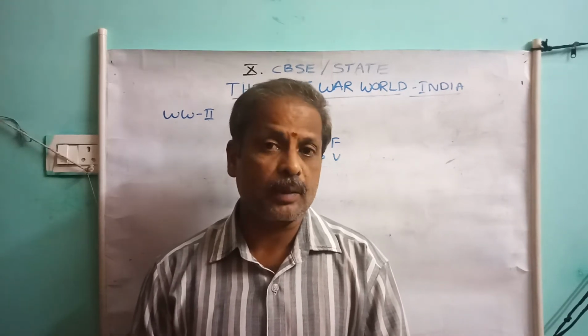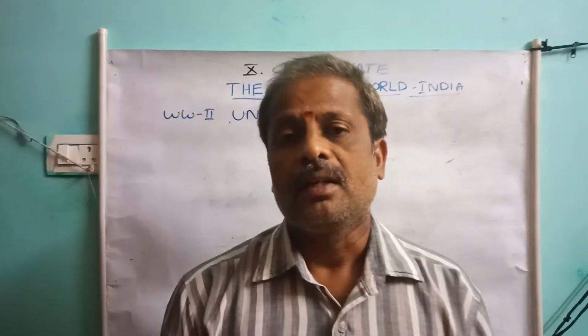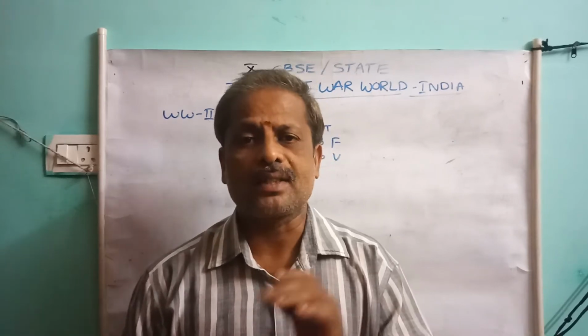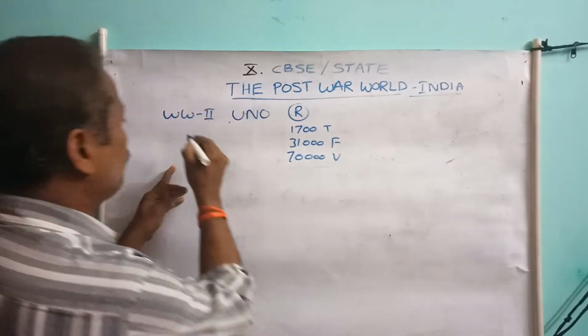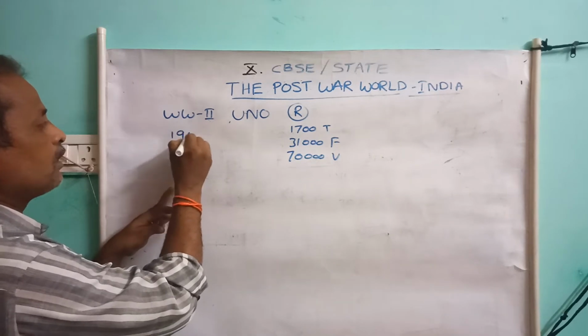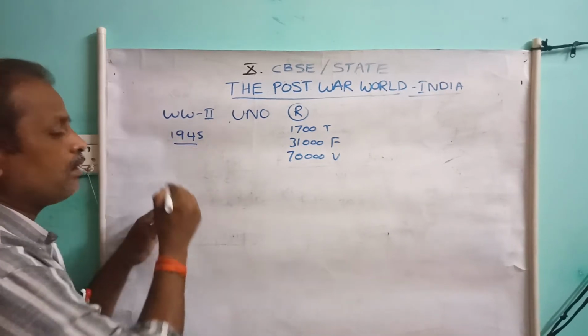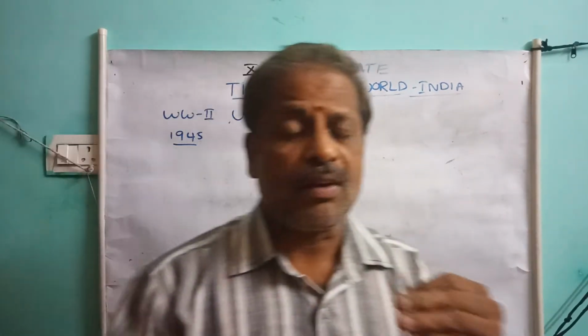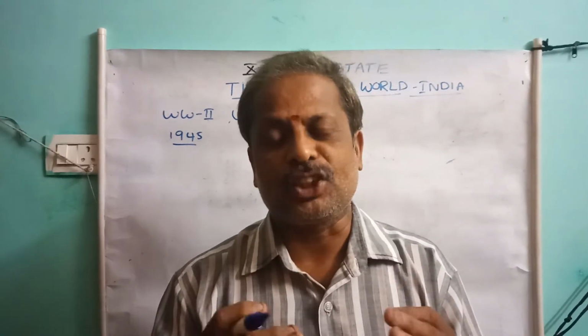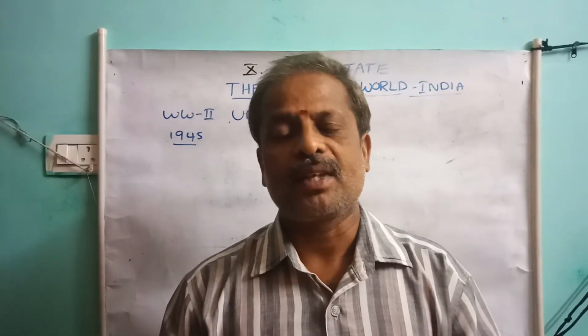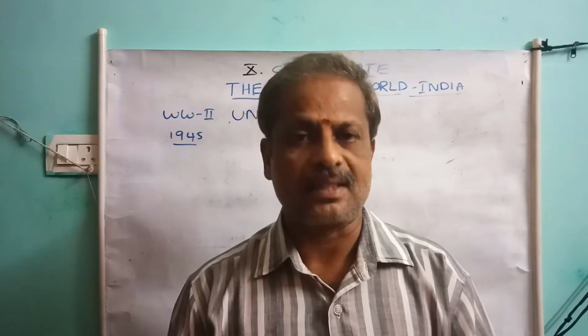The cities Hiroshima and Nagasaki were totally damaged. The entire country was also damaged by World War II. And we know World War II ended in 1945. After the ending of World War II in 1945 onwards, the important changes observed in the world are the subject of the present lesson.